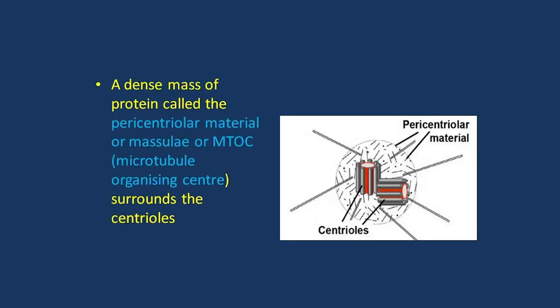There is a dense mass of cytoplasm surrounding the centrioles which is called pericentriolar material or maculae or MTOC, microtubule organizing center. It is called MTOC because it is the place of origin of all the microtubules in the cell.